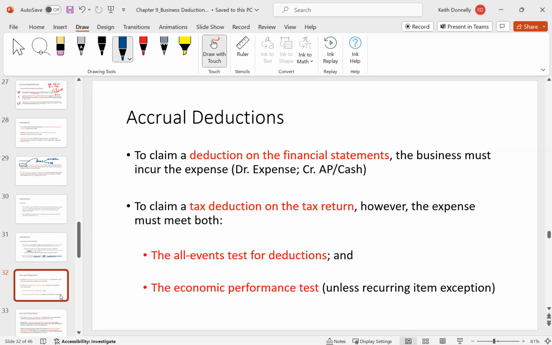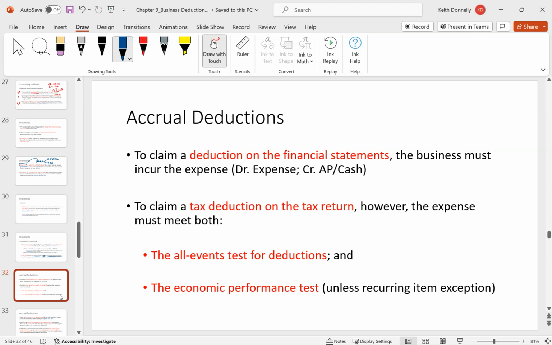So we talked about accrual income. It's generally whenever you earn it. And then we talked about unearned income, and the exception of that with the deferral method. Now let's talk about accrual taxpayers and expenses.